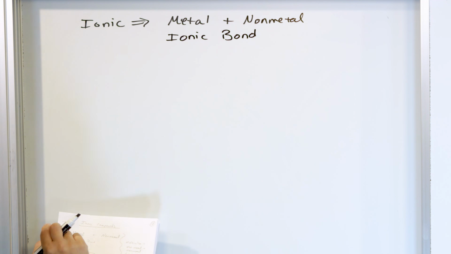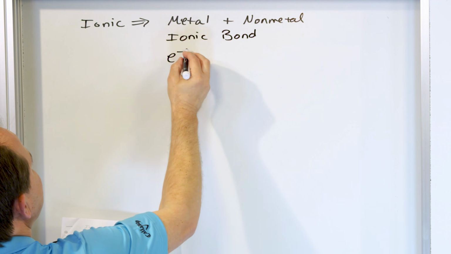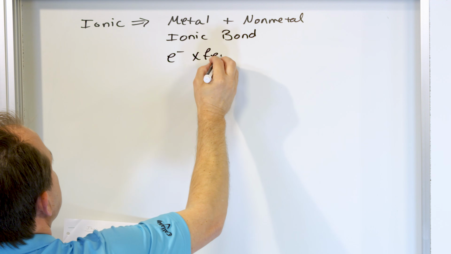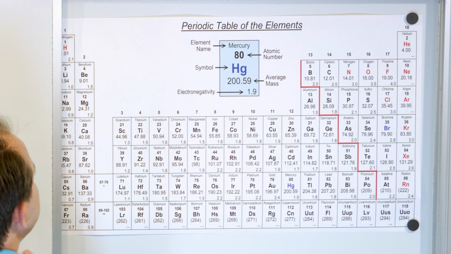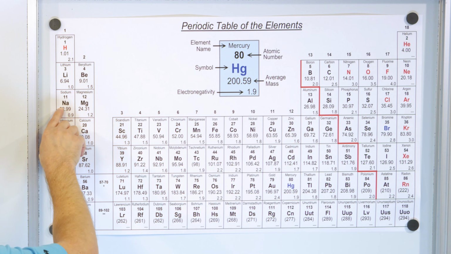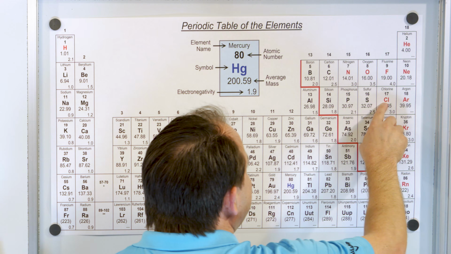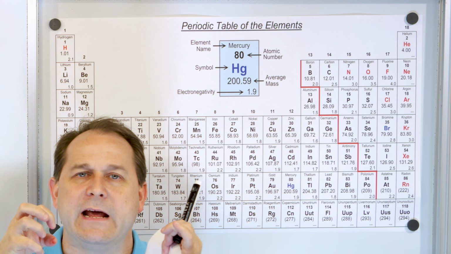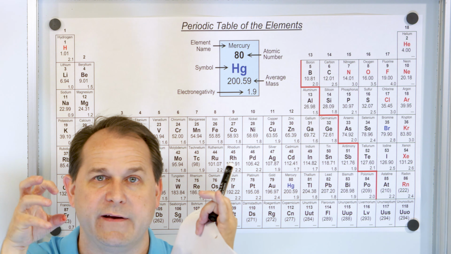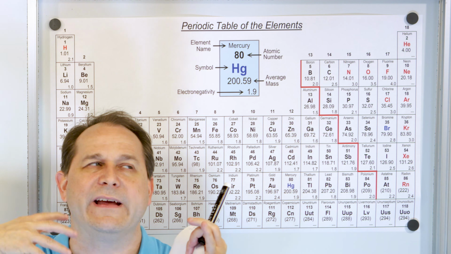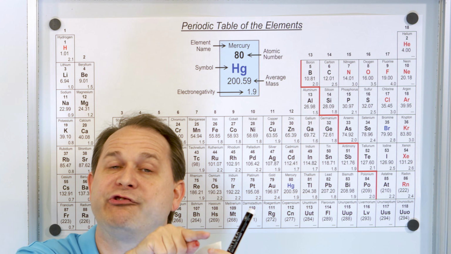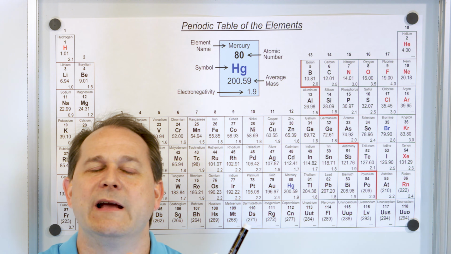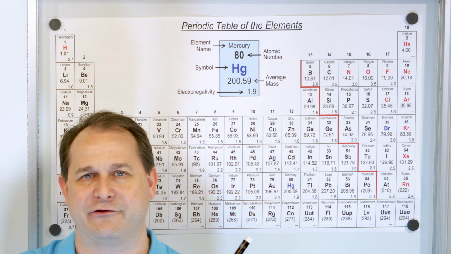Because of the way the electrons are working, the electrons are transferred from one species to another. Remember, if sodium likes to lose 1 electron and chlorine likes to gain 1 electron, the electron will leave the sodium and just jump to the chlorine because the chlorine energetically wants to grab an extra electron.